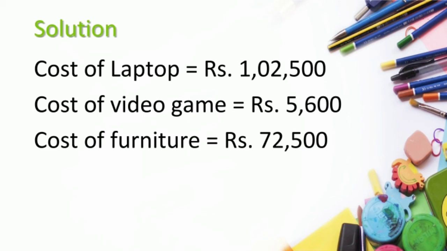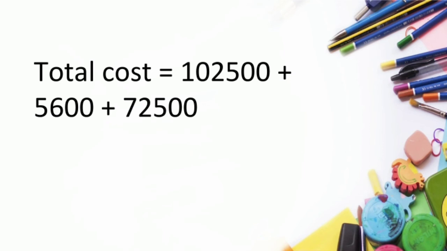So how will we start the word problem? So cost of laptop is 1,02,500 rupees. Cost of video game equal to 5,600 rupees. Cost of furniture equal to 72,500 rupees.